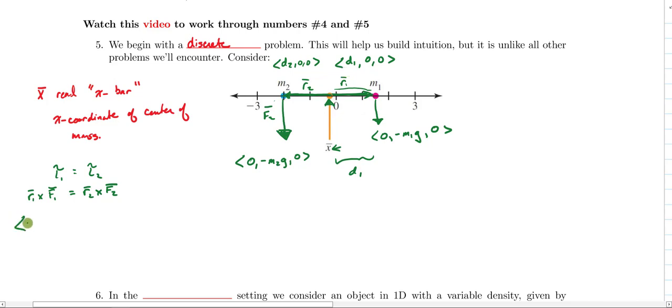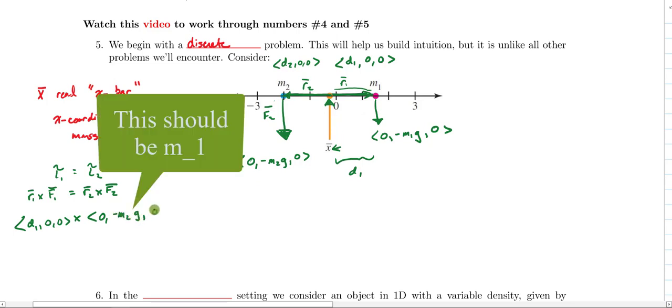So if we set this up, we've got d1, comma, 0, comma, 0 crossed with this force vector right here, 0, comma, minus m2g, comma, 0, and we want that to be equal to a similar product on the right. So we'd have our d2, comma, 0, comma, 0 crossed with 0, comma, minus m2g, comma, 0.